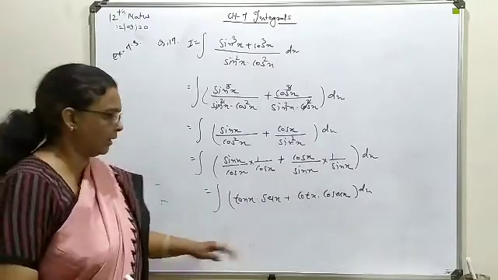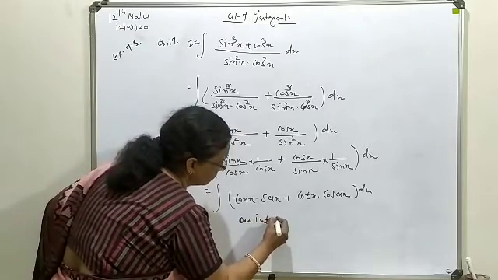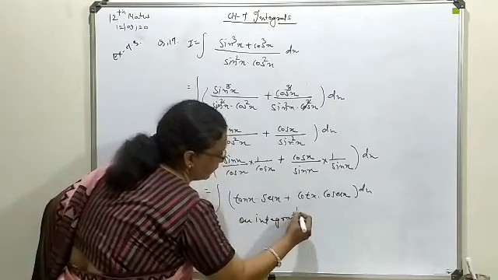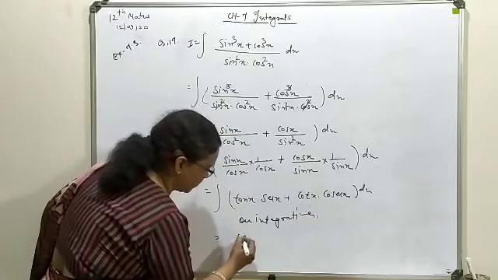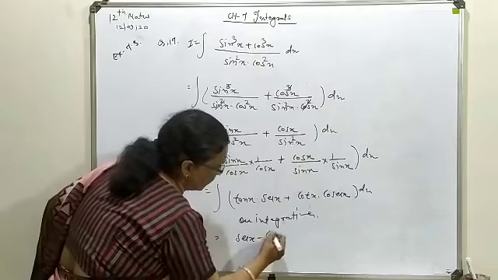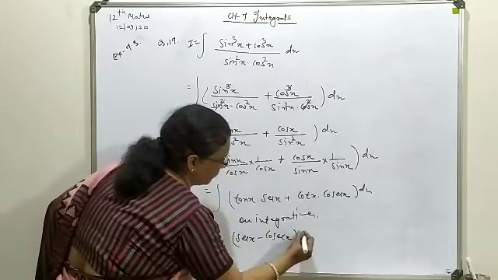So on integrating, we have sec x minus cosec of x.